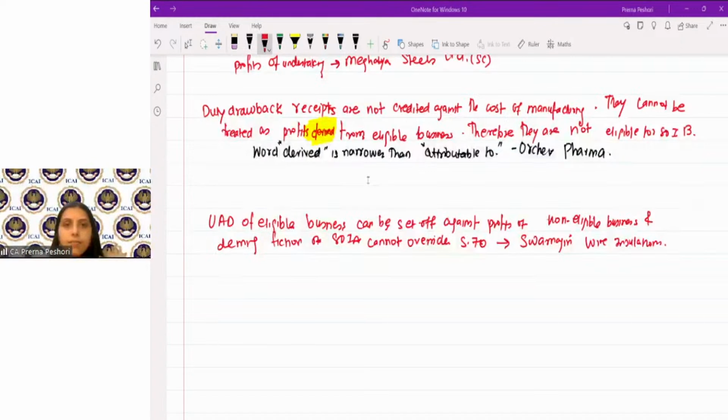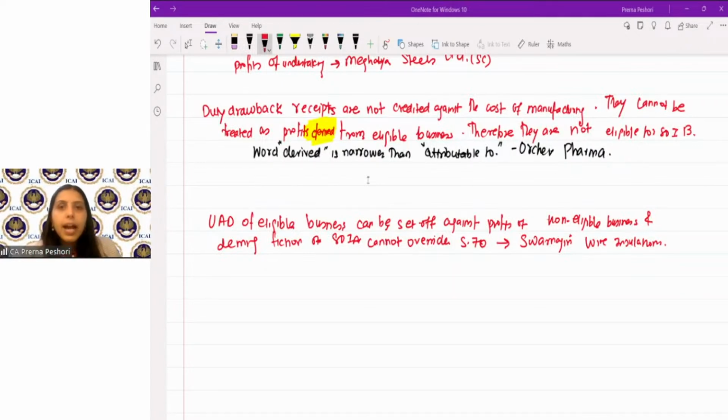Next is, let's say for example, if the disallowance is made for non-deduction of TDS, because of which the income has increased, the expenditure is disallowed for any expense for which TDS has not been deducted. Can the increase in the GTI be eligible for the deduction under 80IA or 80IB or whatever section under Chapter 6A?